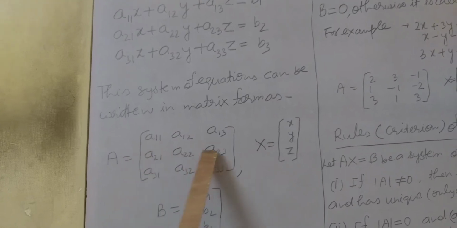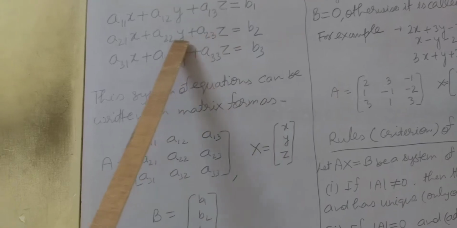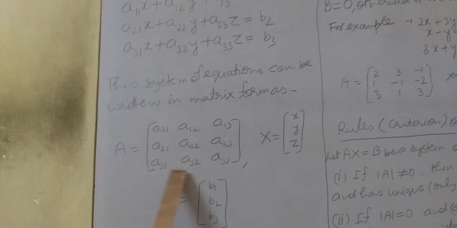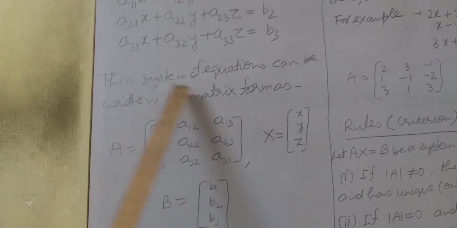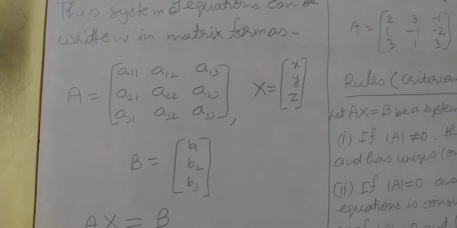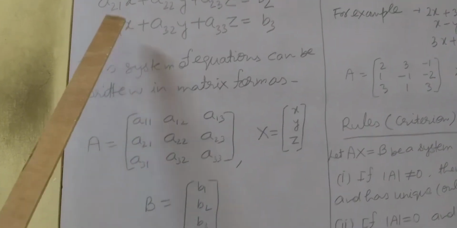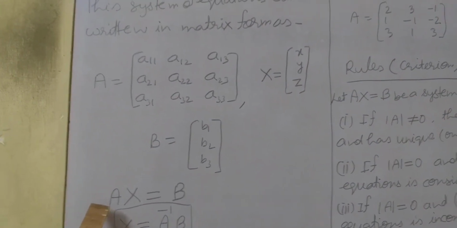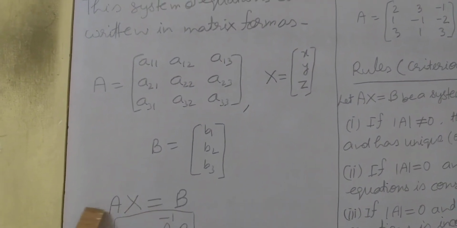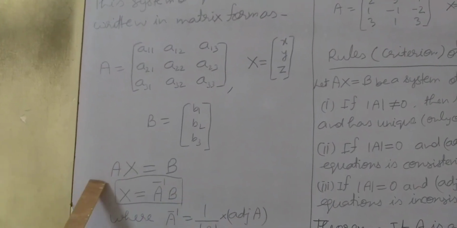Similarly, when the second row is multiplied by X, the second equation will be there, and when we multiply the third row by X, the third equation will be there. Okay, so we can write AX equals B. When we multiply matrix A with X, we get these equations, and this equals B. That's why we have written B here. So AX equals B.